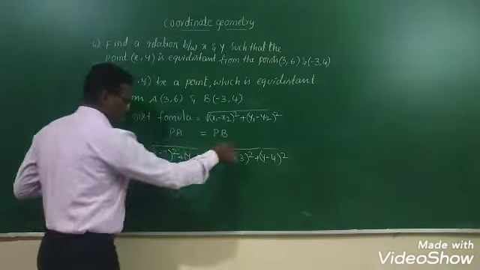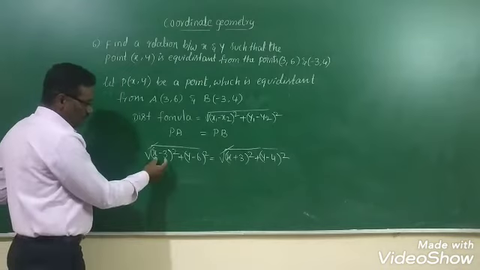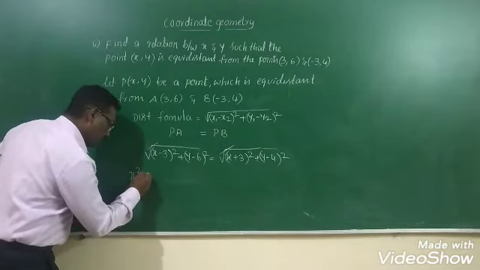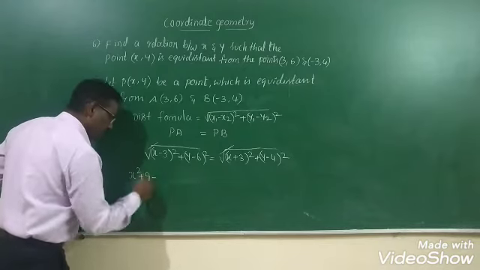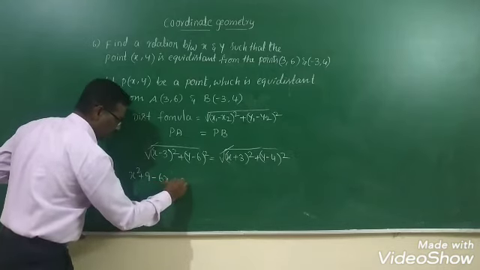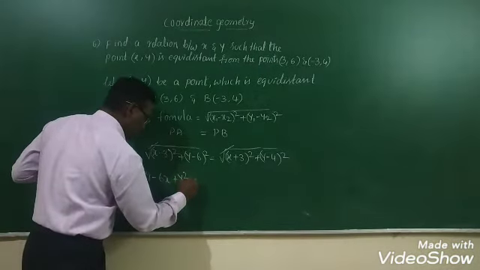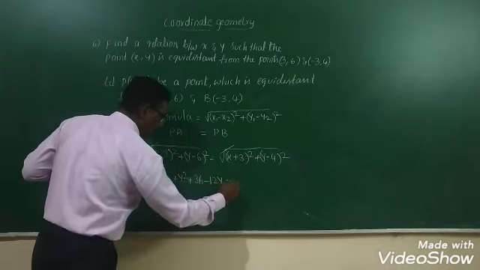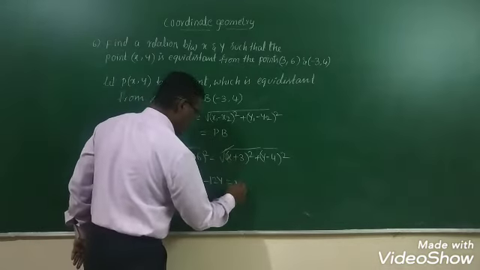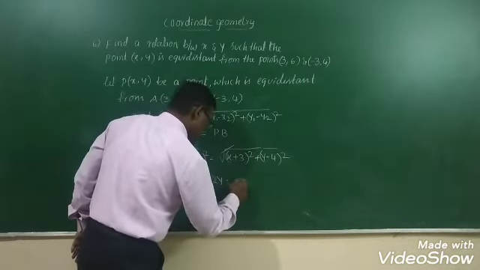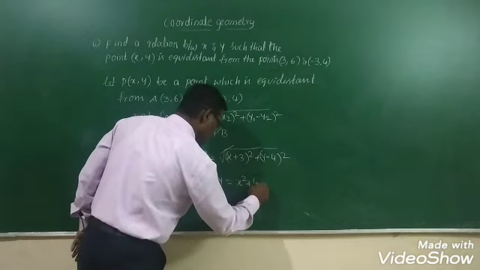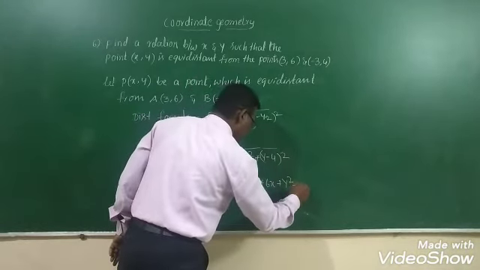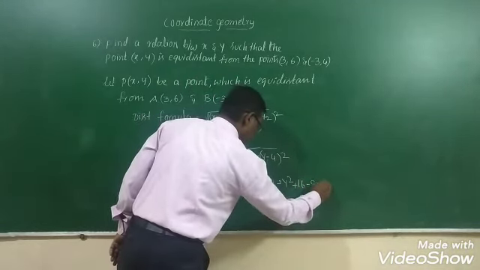Both sides square roots get cancelled. Now we have to apply a minus b whole square for the first and a plus b whole square for the second. We get x square plus 9 minus 6x plus y square plus 36 minus 12y equals x square plus 9 plus 6x plus y square plus 16 minus 8y.